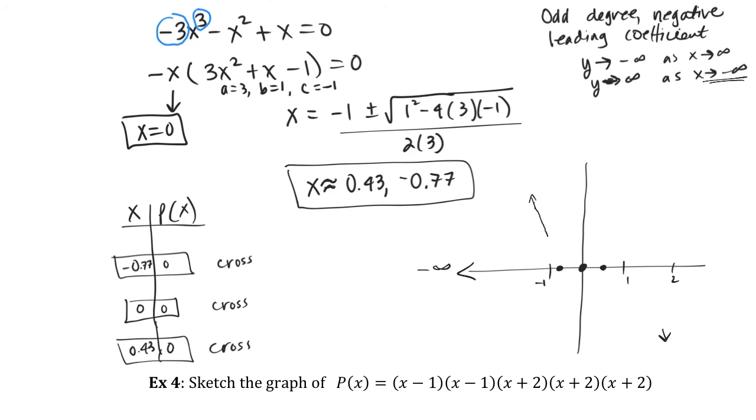So I have it crossing and popping back up and then crossing again. And if we wanted to get a little bit more specific about how steep those are, we could figure out a couple little points. So this one is at 0.43 and 0. This is obviously at 0, 0, and then this one is at negative 0.77, 0.